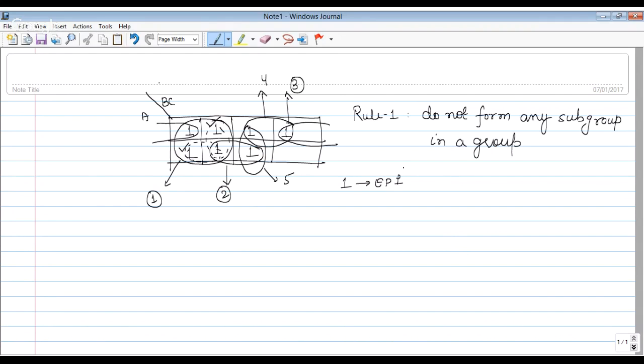If a prime implicant has at least one min term which is not covered by any other grouping, then it is said to be EPI. This second one, if you see, is being covered in a square, in a pair. So it is not an EPI, it is only a PI.